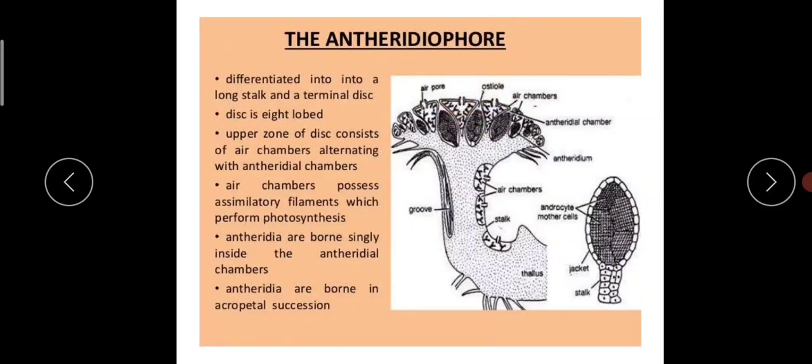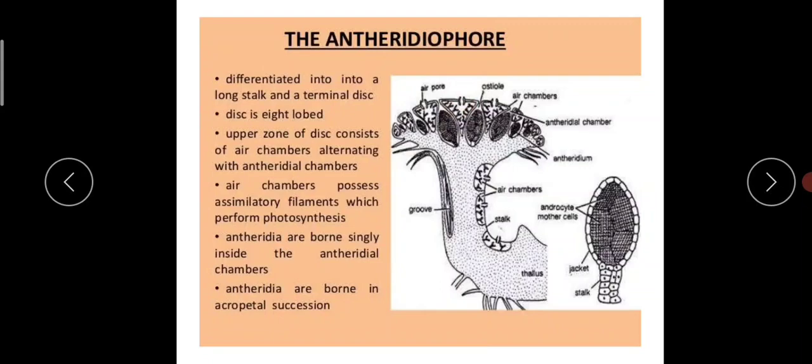Antheridial chambers open out to the exterior through a pore known as the ostiole, and the development of antheridia is in acropetal succession. So the mature ones will be found near the center, and the younger ones towards the apex of the lobes.